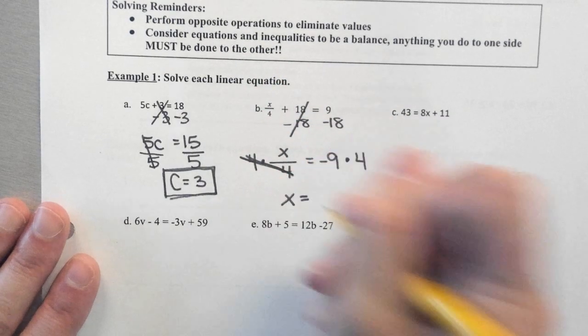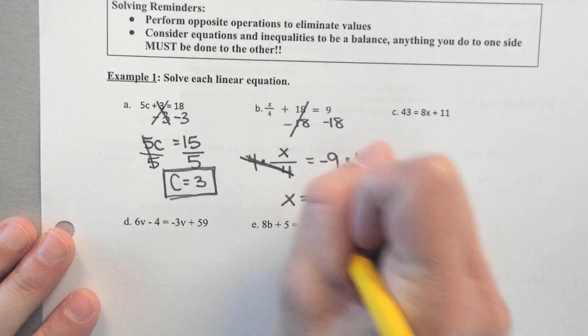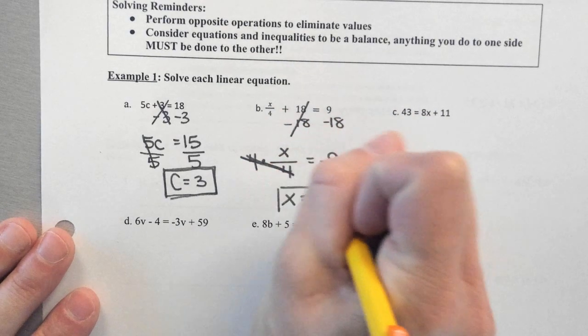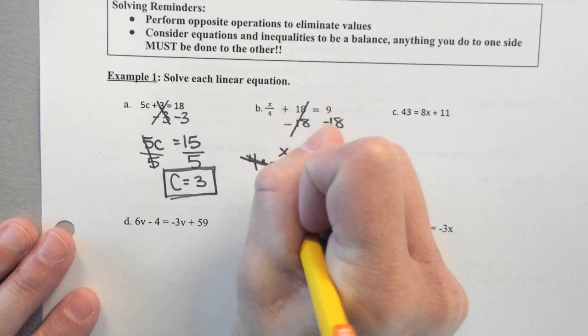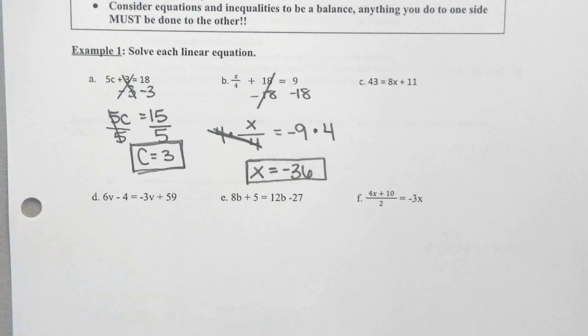X equals, what do we know negative 9 times positive 4 is? Negative 36. Yeah. And again, we could plug it back in to check our work. So hopefully this section is going to feel a little bit easier since we did some work in the background to get ready for it.